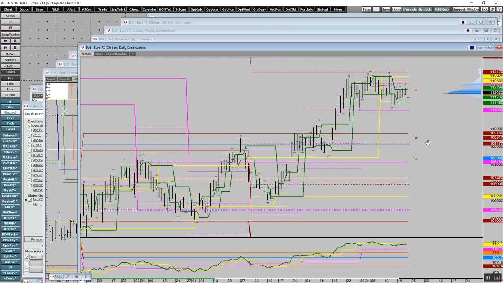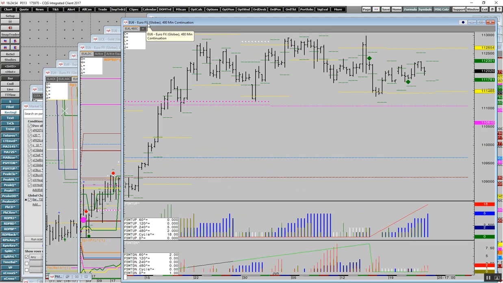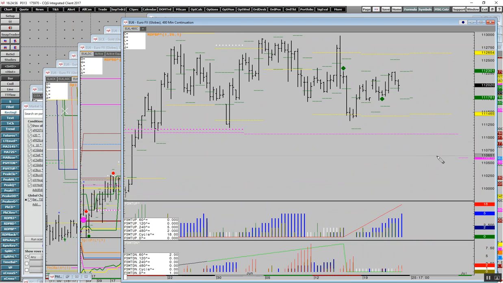Looking at the structure of the trade, it's starting to show some signs of weakness while it remains under last week's midpoint, which is up there at 1.1200, so it's flirting with it as we speak. If we come into a half day chart, here's the euro.